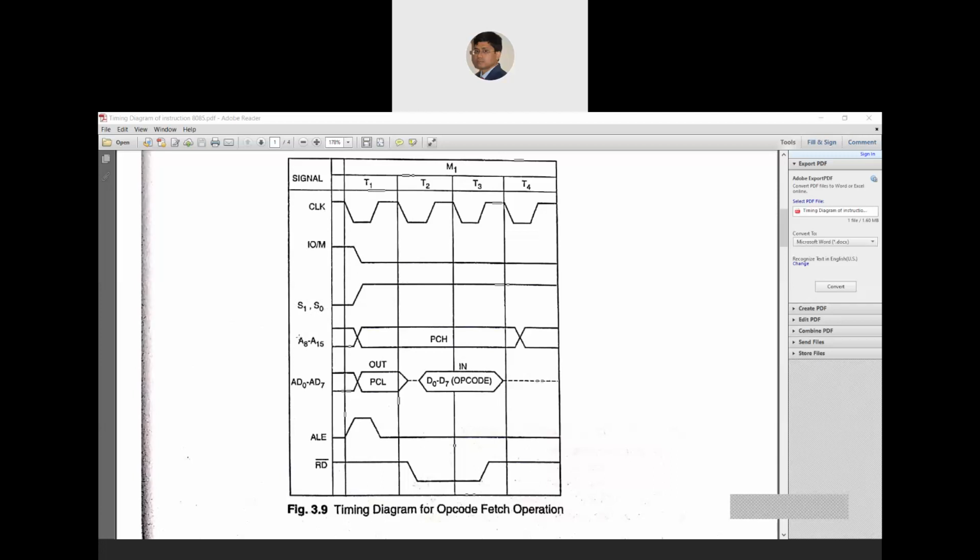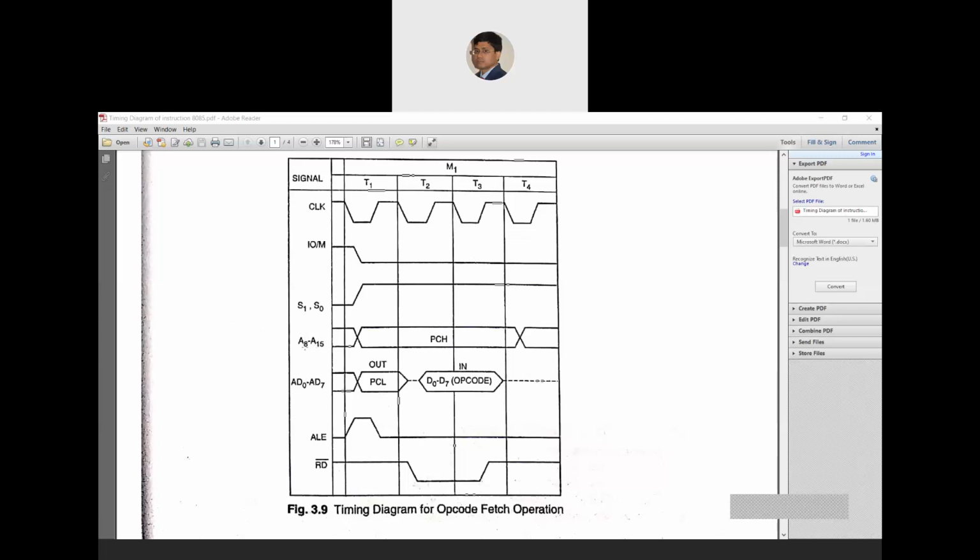Now your address bus and your multiplexed address/data bus come in this scenario. The next point is your address bus, that is A8 to A15.